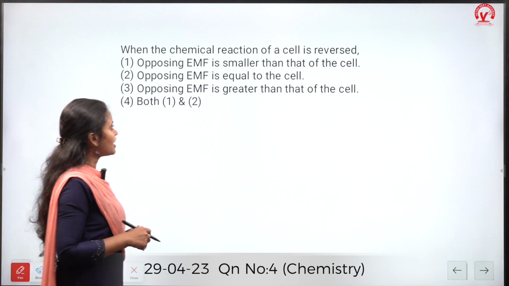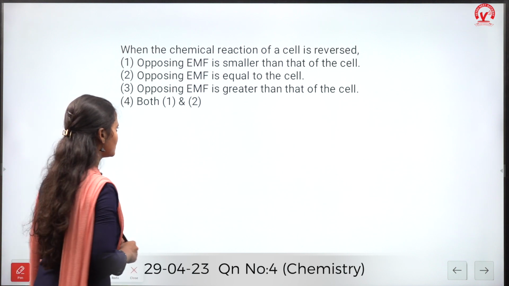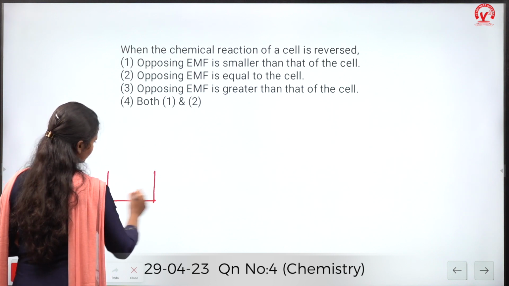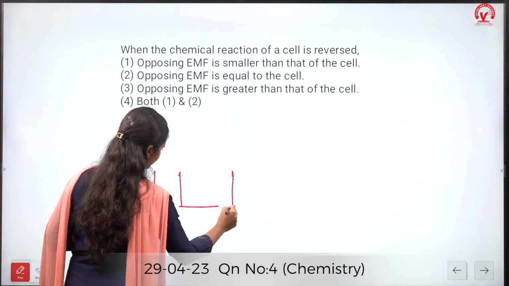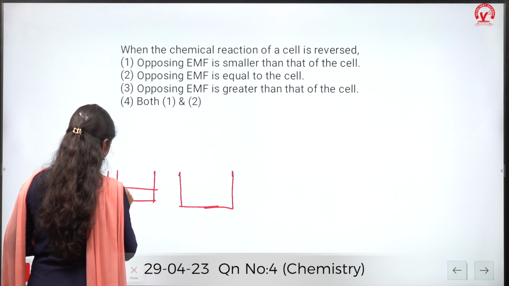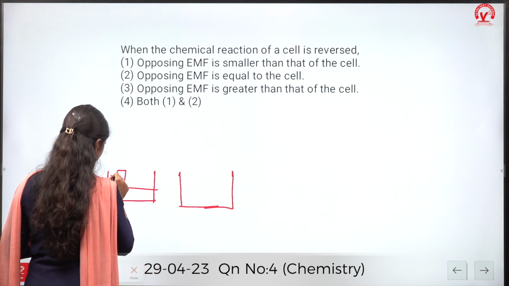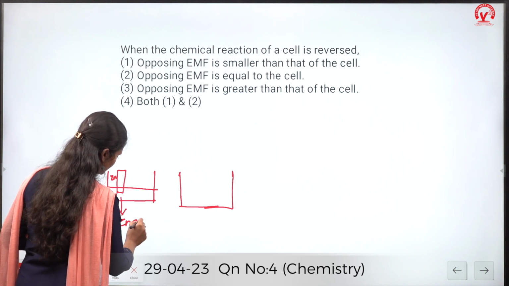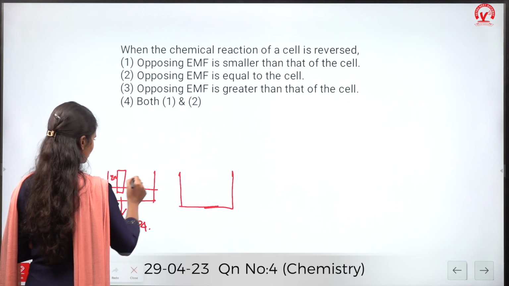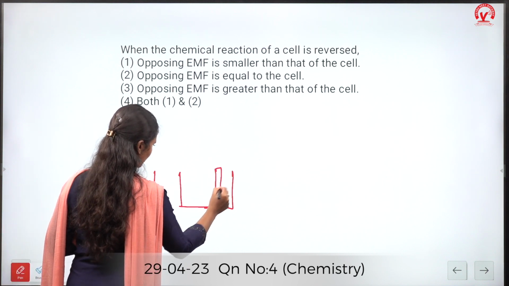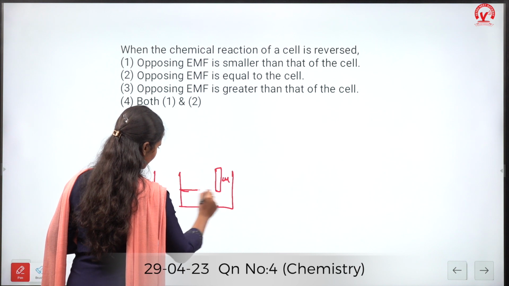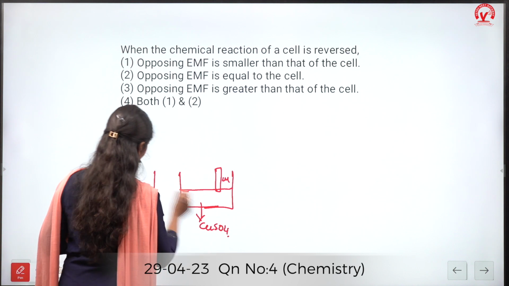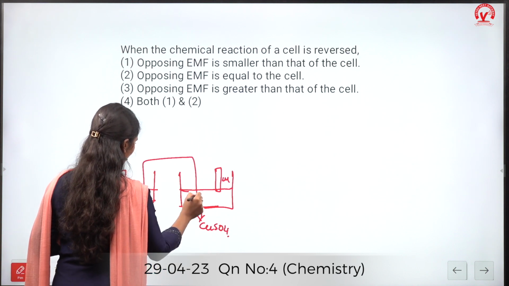When the chemical reaction of the cell is reversed. In the Daniell cell, this is a zinc rod dipped in a zinc sulfate solution. Here is a copper rod which is dipped in a copper sulfate solution. This is a salt bridge.